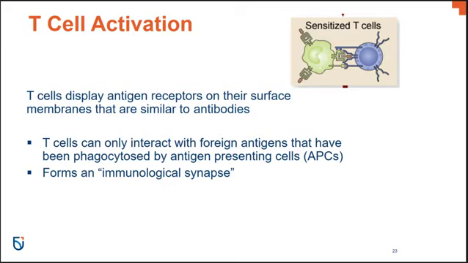This junction between the T cell and the antigen-presenting cell forms a temporary junction called an immunological synapse. You can rewind back to my discussion on B cells and then maybe re-listen to the T cell component so that you can understand the main differences between them.